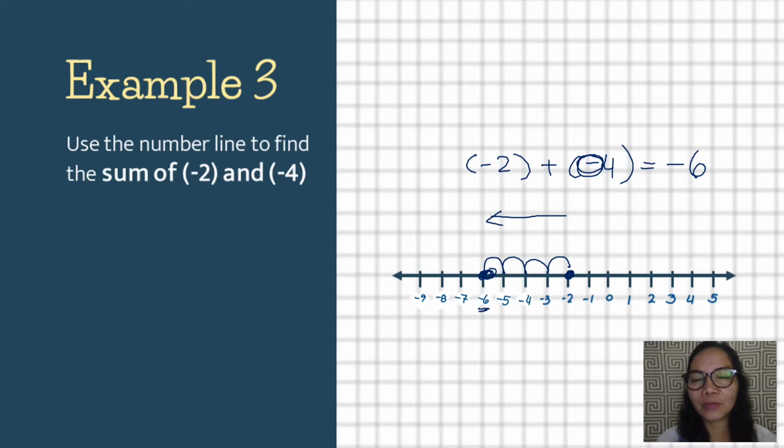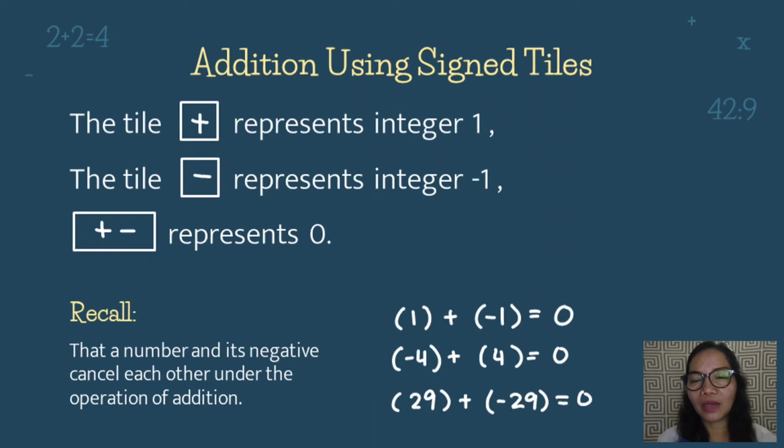Let us proceed to another approach in finding the sum of integers. This time, we assign one tile as integer 1 and a second tile as integer negative 1. Positive 1 and negative 1 represent 0.